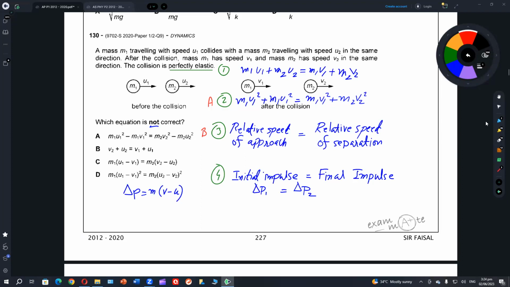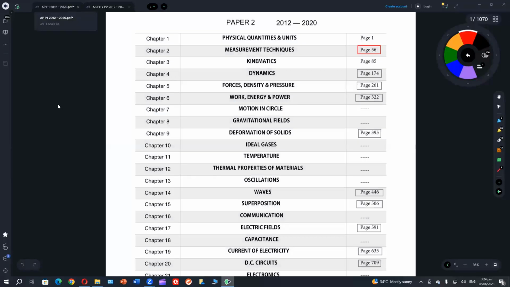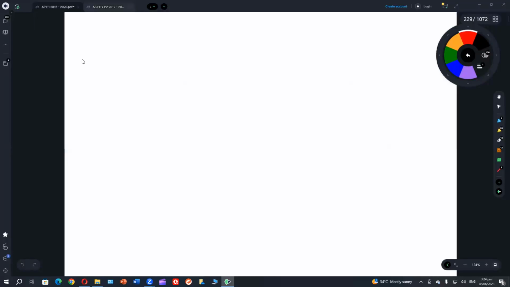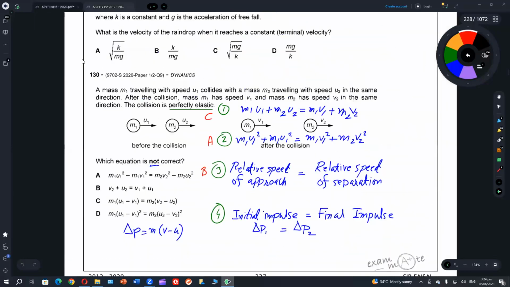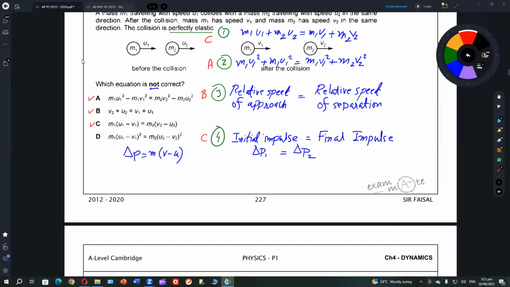Option C, I think it is being justified by the first equation. You can say it can come from here. It can also come from here.